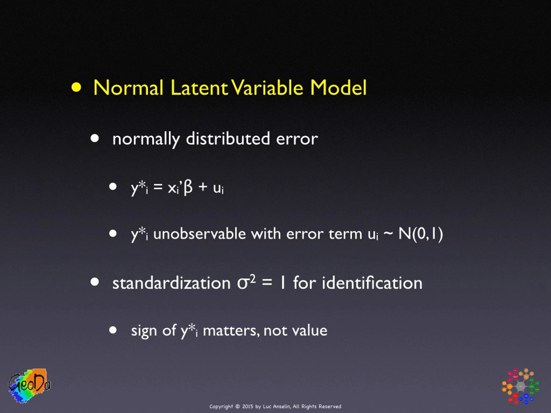We saw it in general: y sub i star is x sub i beta plus the error term u sub i. The error term is standard normal because we need to set the variance equal to 1 for identification purposes. We saw this scaling issue. We can multiply everything by a constant and everything remains the same. So it's not really the value of the latent variable that matters, but its sign.